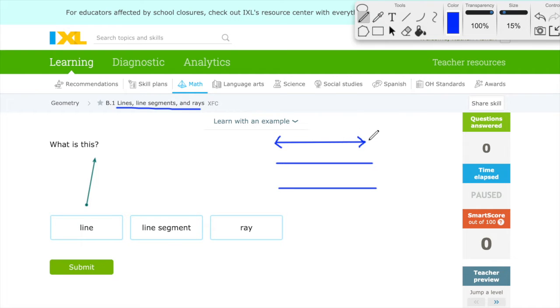Basically what that says is it doesn't have an ending point on the right or on the left. It's infinite in both directions. It keeps extending and extending. For geometry purposes, that means there's an infinite amount of points on a line. So if this was on a coordinate plane, you could find an infinite number of points to plot that fall on this line itself. Let's label that. So that is a line.